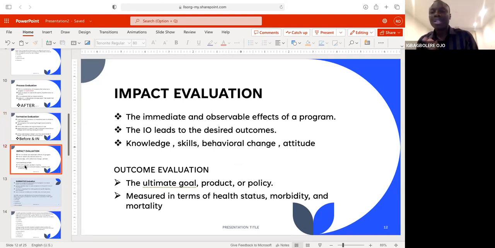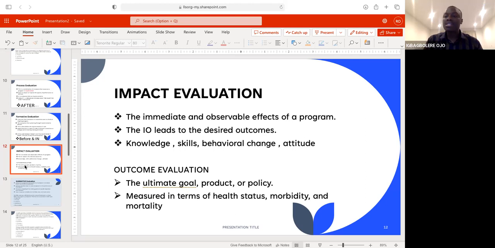Next one, moving up the ladder: impact evaluation. I think this is very similar to impact objectives, okay? In an impact evaluation, you are dealing with the immediate and observable effects of a program.